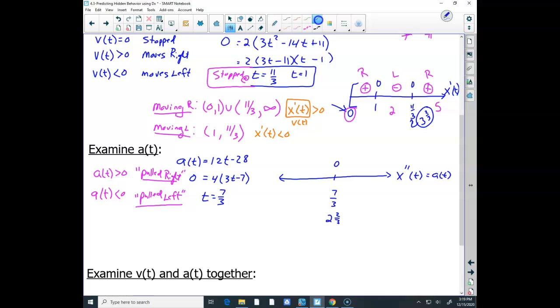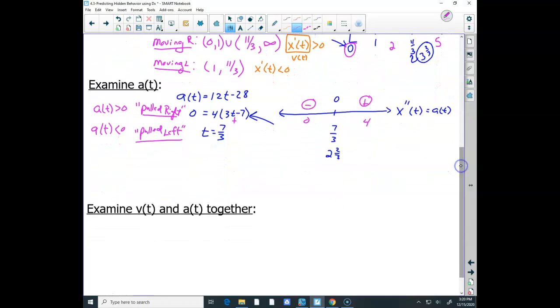So I need to identify, for my concavity test, a value right in here, and I'm going to put a 0 in there because I know it's going to be negative then, meaning being pulled left. And then I'm going to put something on the other side, like maybe 4. When I put my 4 in there, you get 12 minus 7, which is a positive number. So I'm going to be pulled to the right on the other side of 7 thirds.